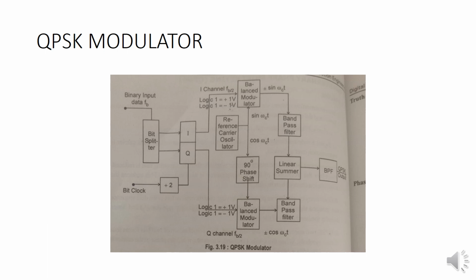For the I balanced modulator, we get plus sin omega ct and minus sin omega ct. For the Q balanced modulator, plus cos omega ct and minus cos omega ct. The linear summer combines the two quadrature signals, so here we have four resultant phases.